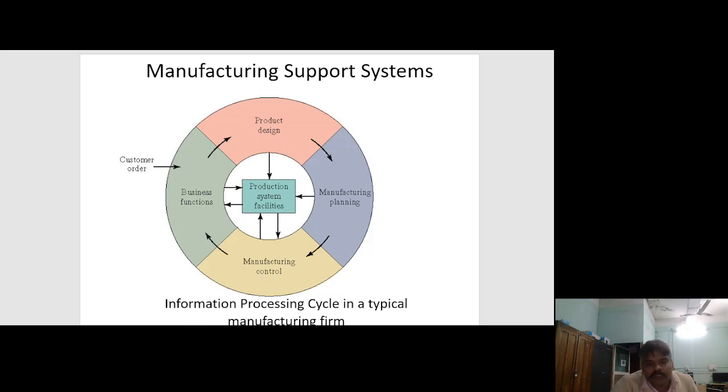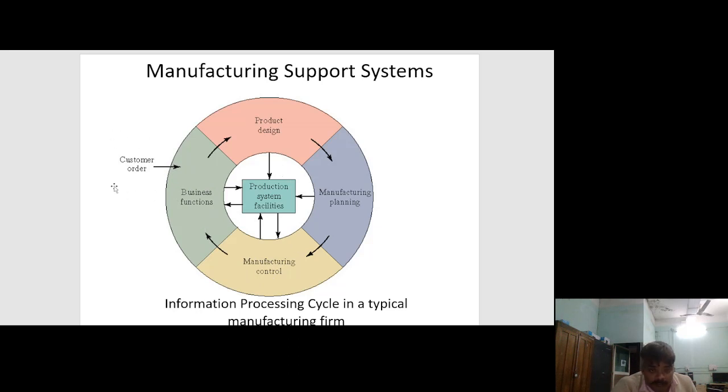You can see the manufacturing support system in this figure: information processing cycle in a typical manufacturing firm. Product design transfers to manufacturing planning, manufacturing planning transfers to manufacturing control, and manufacturing control transfers to business function. In business function, the customer order is the input.